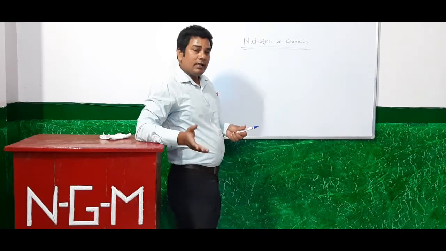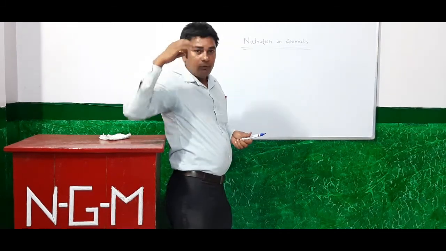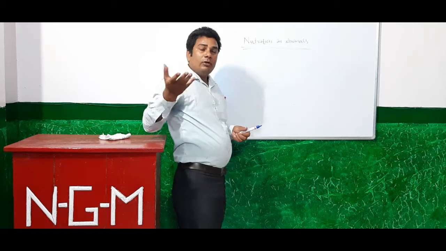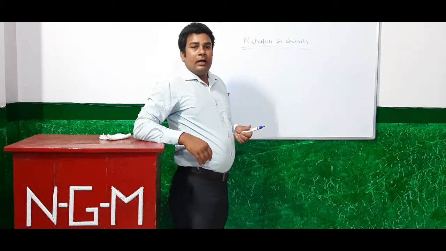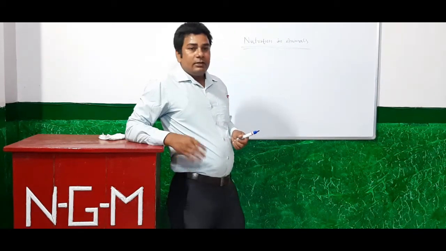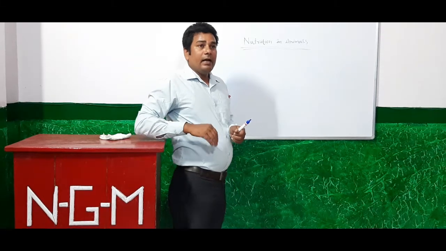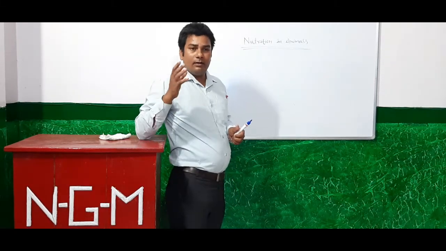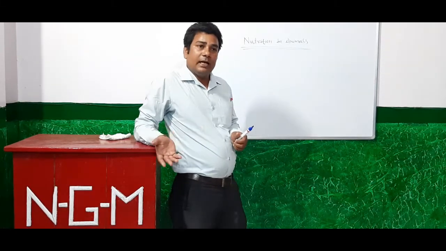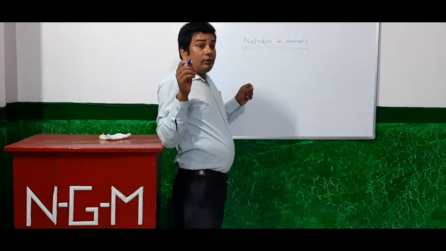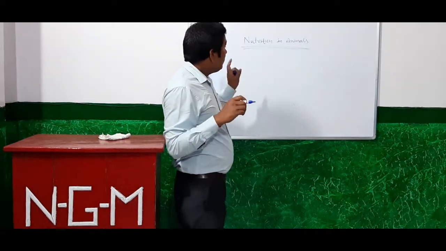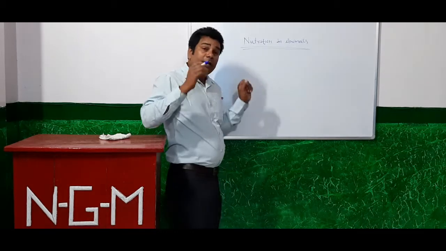Autotrophs like plants prepare their own food by photosynthesis. They produce carbohydrates which are converted into starch, and plants according to their needs synthesize proteins and fats from that carbohydrate. We will discuss that in nutrition in plants. First of all, we are going to discuss nutrition in animals.